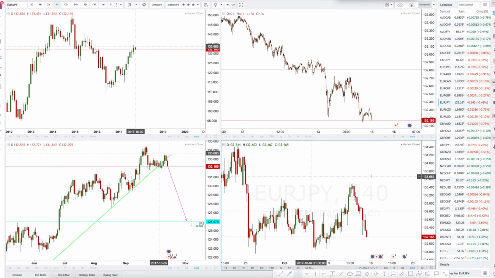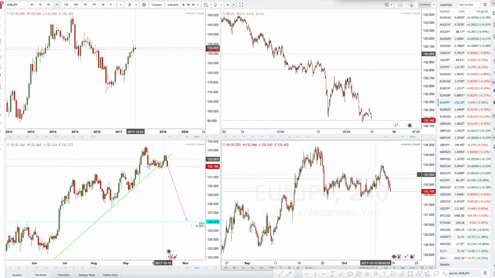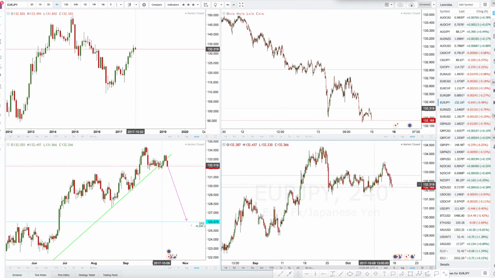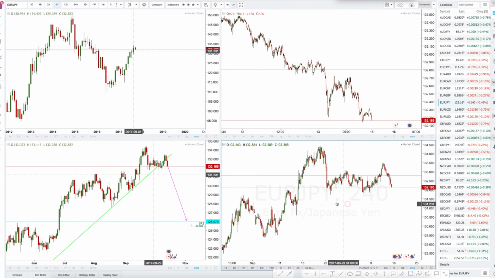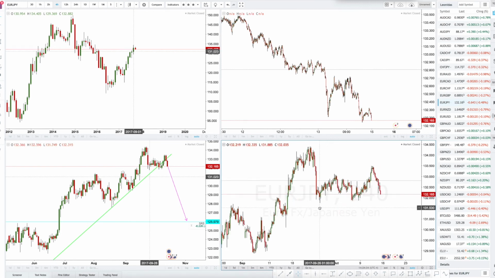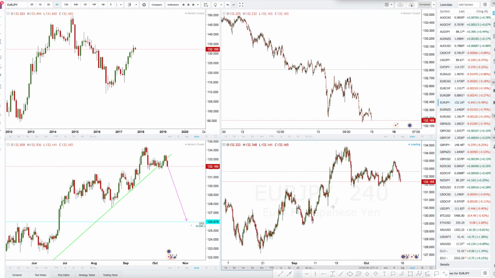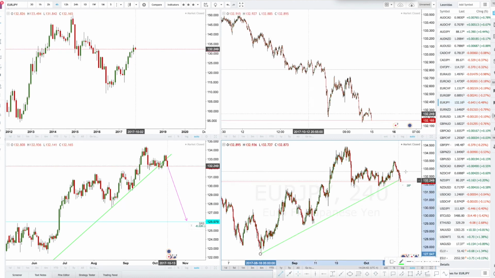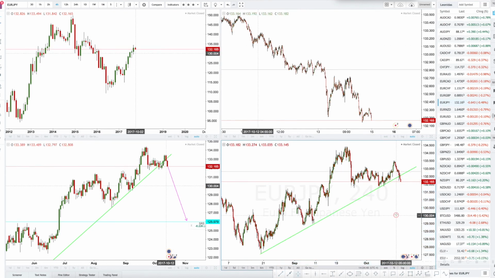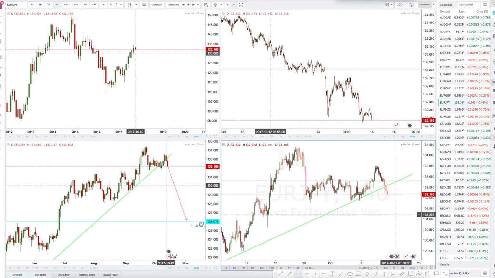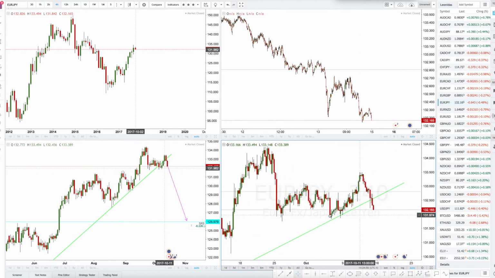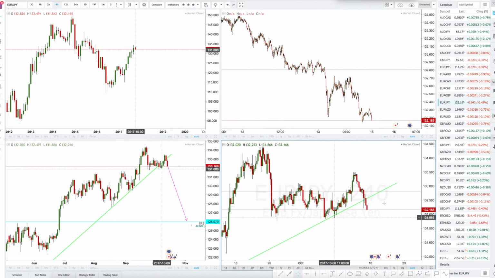Look at the 4-hour chart. There's that lower high. I still think that it's possible to test the highs, and we can start looking for a short up in there. But even on the 4-hour, we kind of broke that trend line. So we might short earlier, and that would post a third.